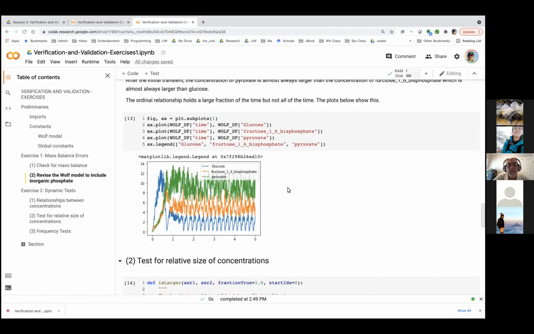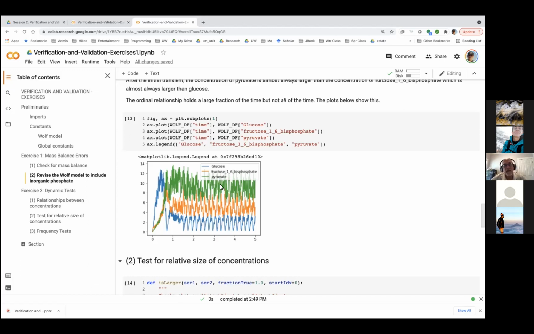There are a few cases where the pyruvate concentration drops below the fructose 1,6-bisphosphate concentration. So if you test whether pyruvate is greater than fructose 1,6-bisphosphate across all points in the time course, it's not going to be true for all points. Now, if you're just comparing pyruvate with glucose, you're going to be okay.